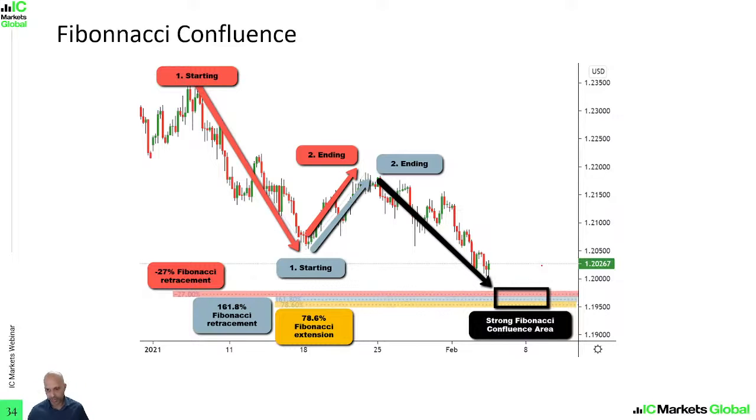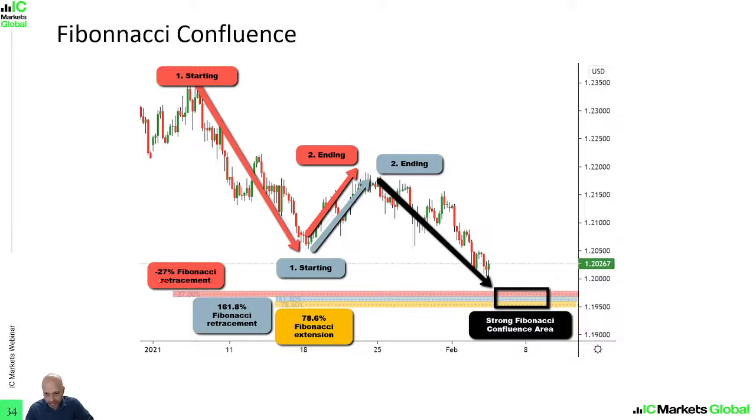So this graph here is going to explain how we're using Fibonacci confluence to help us identify a very strong support zone. Here we have used the Fibonacci expansion.